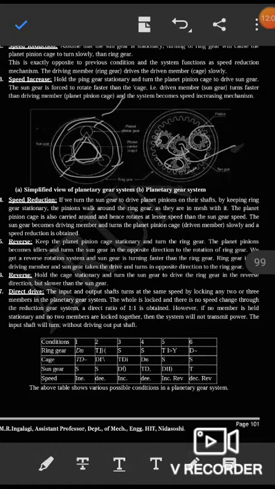The sun gear becomes the driving member and turns the planet pinion cage slowly, and the speed will be reduced. So we obtain speed reduction by using this type of mechanism.